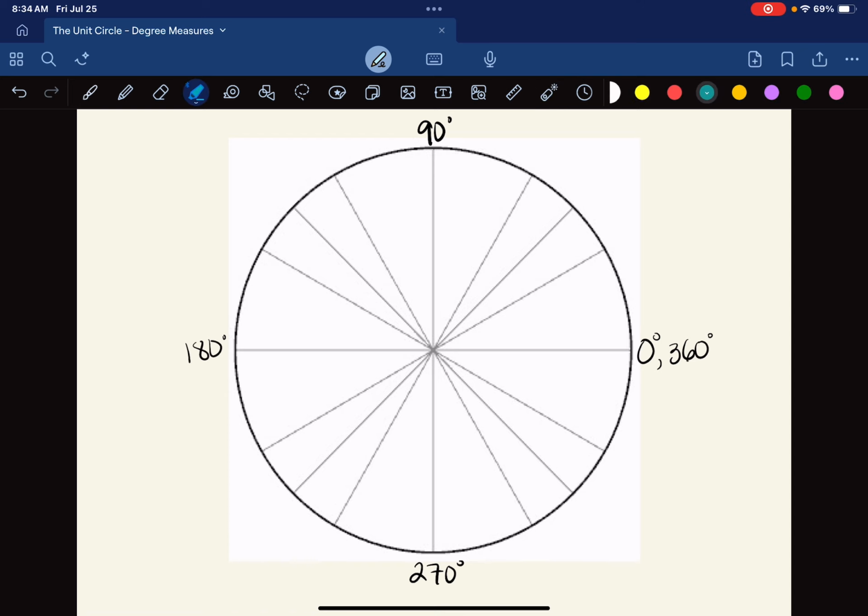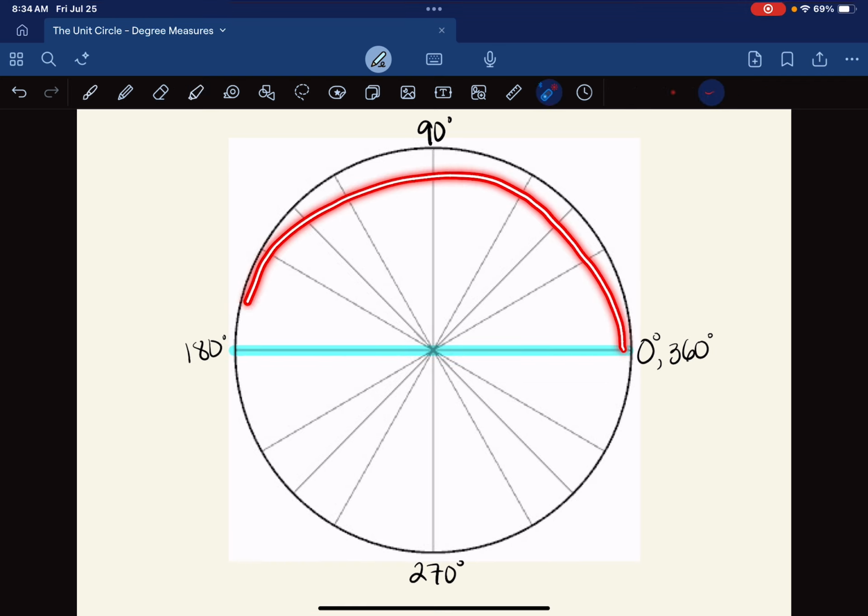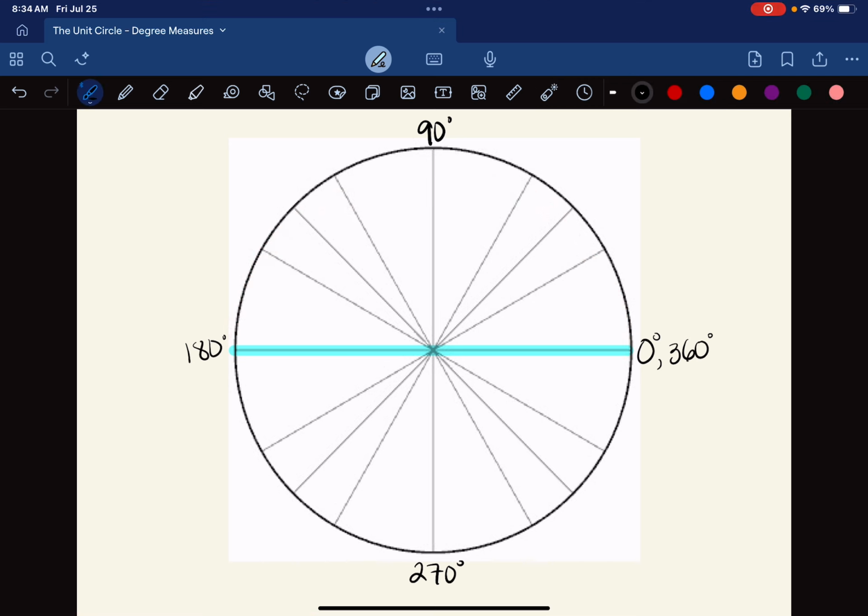If I were to take the first half of my unit circle, so this 180-degree measure, I could cut that up into congruent sections. So I could take 180 degrees and divide that evenly by 3, and that would give us 60-degree sections. So let's go ahead and label those.